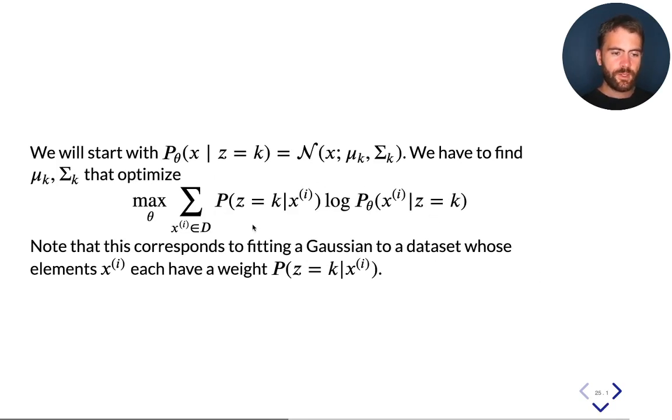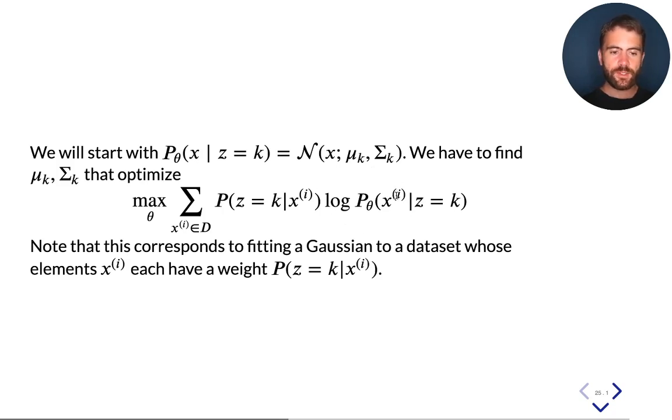We want to maximize this particular value, and essentially this is the log likelihood of a Gaussian distribution with mean mu and covariance sigma that we are fitting, except that we are now placing a weight on each term.